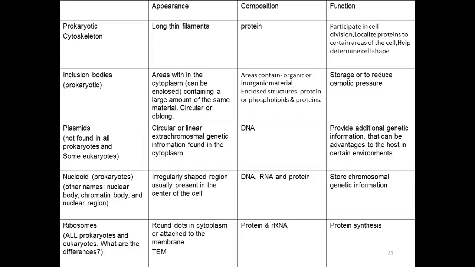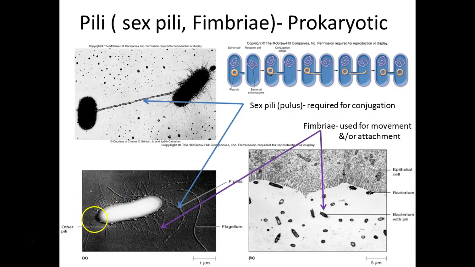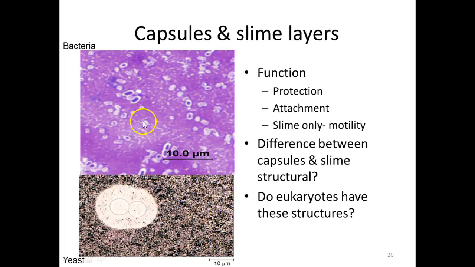Though very common in bacteria, because it aids in attachment and helps with protection, you have some eukaryotes, especially yeast, that produce capsules. This is actually 2 cells. You see the 1, 2, they just divided. But this clear region is the capsule.